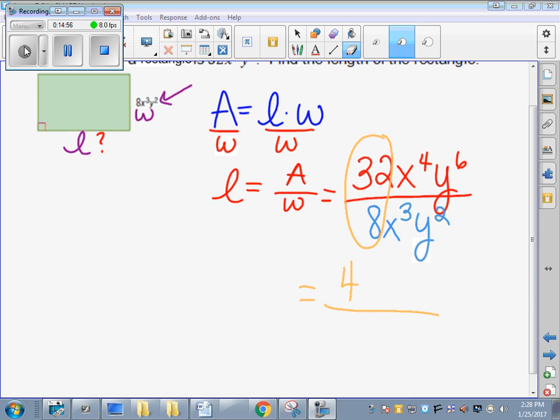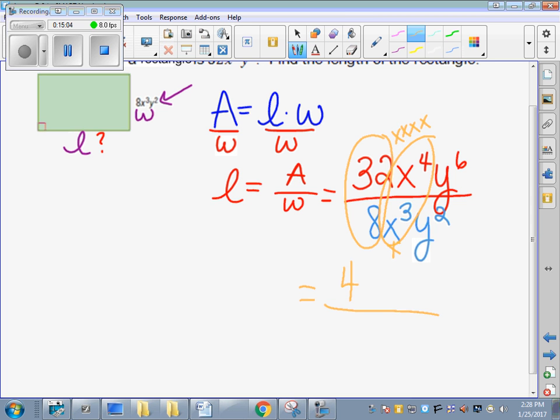What about when I look at the x to the 4th and the x to the 3rd? Well, this is 1, 2, 3, 4 x's. This is 3 x's. If I start crossing x's out, how many x's will I have left? And where will that 1x be? Up in the numerator.